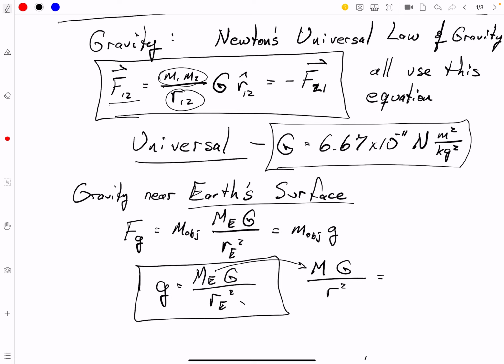And we can get that g as a function of r is equal to this for any object. That would be in the r hat direction. So we have a vector. Any object that works for.